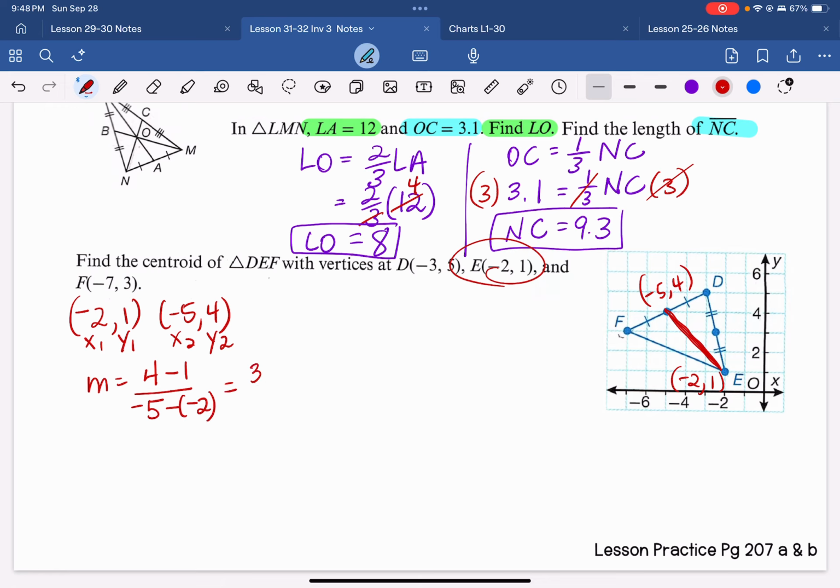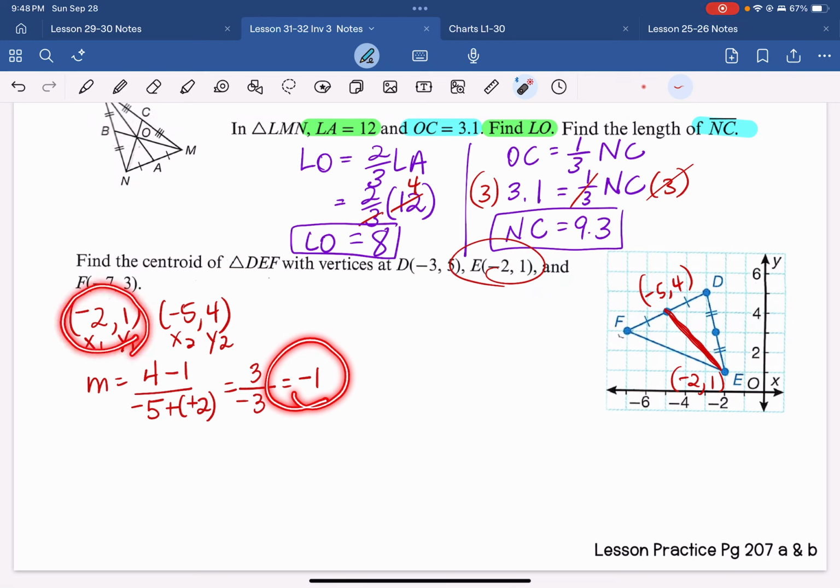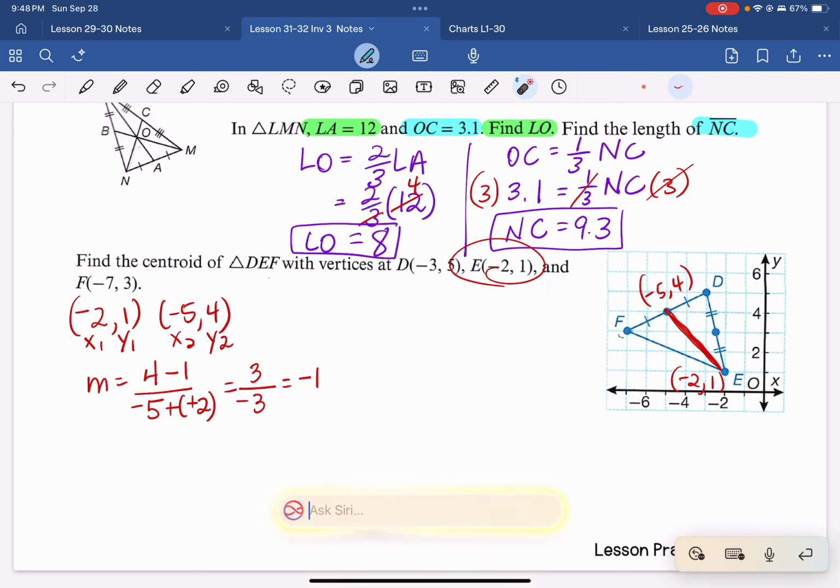So 4 minus 1 is 3, and the denominator is a negative 3. 3 divided by negative 3 is a negative 1. So that's just our m. We need to find our b. We have our m in y equals mx plus b. We're going to use a y and an x, which I'm going to pick this one. You could have picked this one. Either one will work.